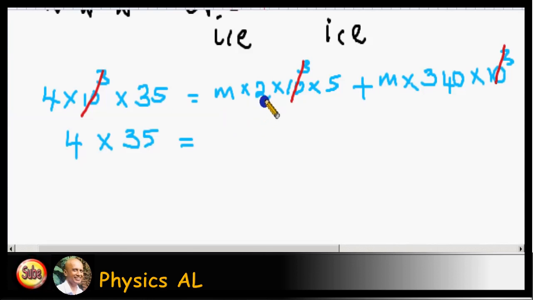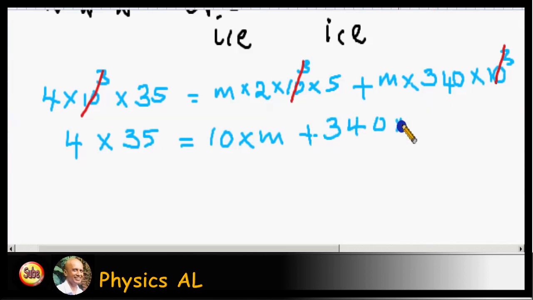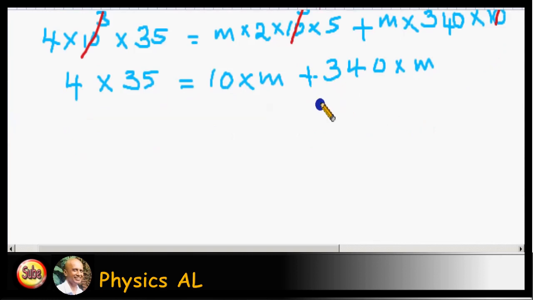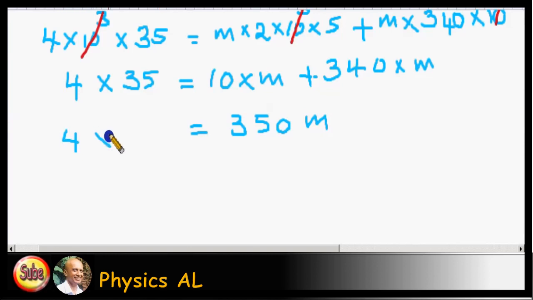So 2 times 5, 10 times M, plus 340 times M. We can add 340 and 10, 350 times M, equals 4 times 35.